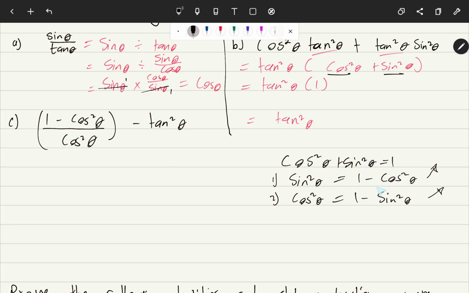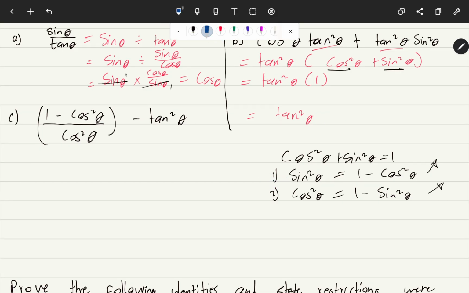Also, I just want you guys to realize that what we have here in both 1 and 2 are differences of two squares, right? For example, I'm just going to expand number 1. You have sin²θ equals 1 minus cos²θ, and this is, like I said, a difference of two squares.